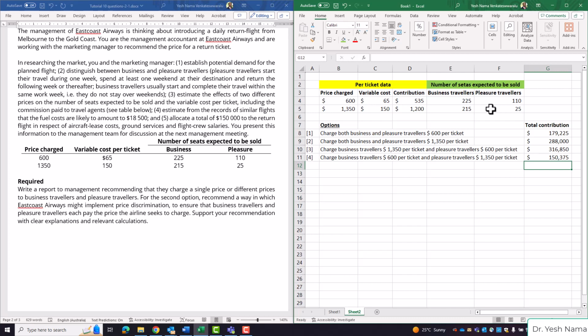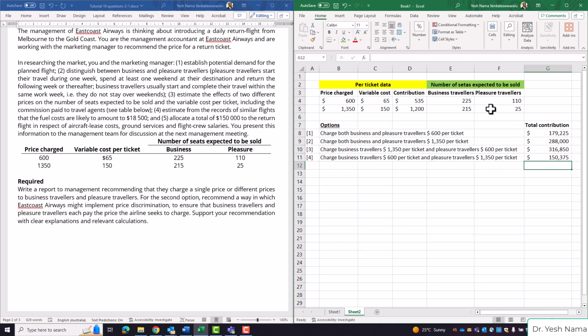However, pleasure travelers may amend their travel plans if they see that the price for the ticket has increased. So they may decide to travel on different dates or different times of the day or different days of the week with a view to reduce their travel expenses.